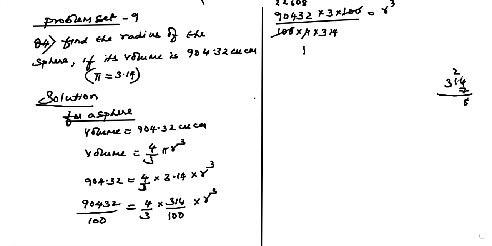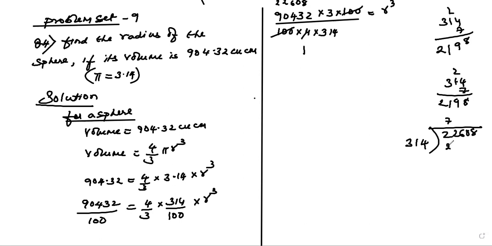7 4s are 28, 7 1s are 7, 9, and I get 2198. Okay, I better do it like this. 22608 divided by 314. 7 fours are 28, 7 ones are 7, 9, 7 threes are 21, 2198.